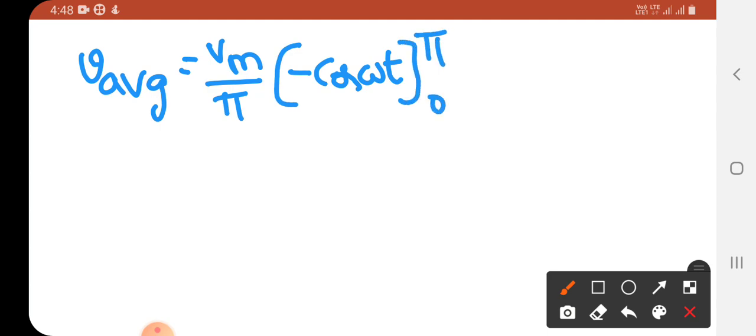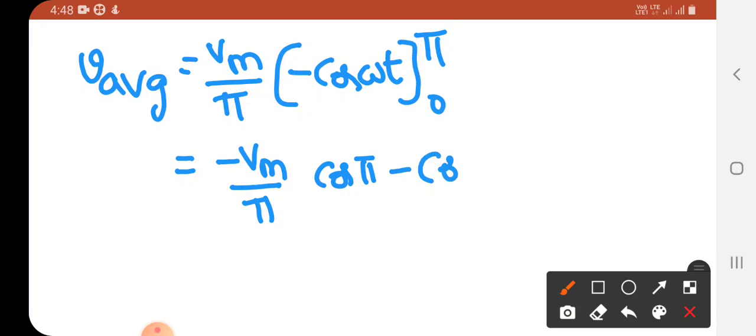So now you need to substitute these values. This is minus Vm by pi, cos pi minus cos 0. Now what is the value of cos pi? It is minus 1. Cos 0 is 1.